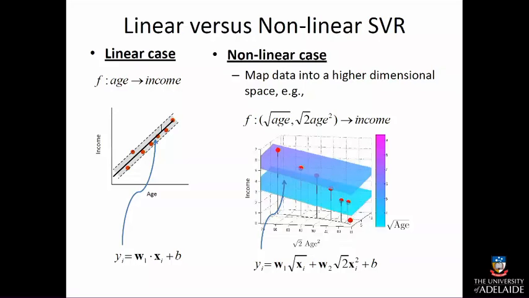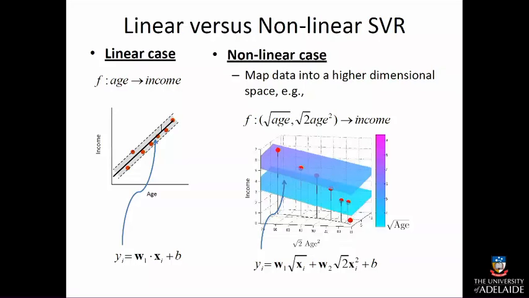The high-level explanation is that when you lift the original data from a low dimension space to a high dimension space, the points become much sparser, because in a high dimensional space, the data points tend to be very sparse. And because they are sparse, it becomes much easier to find a linear function which can separate them.